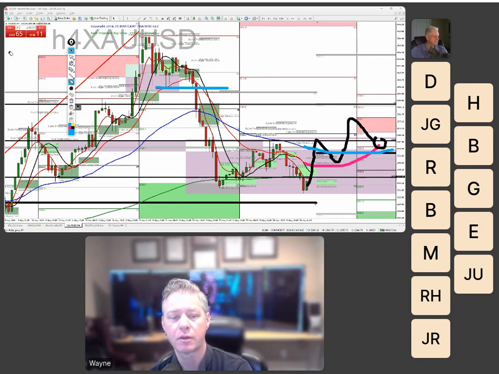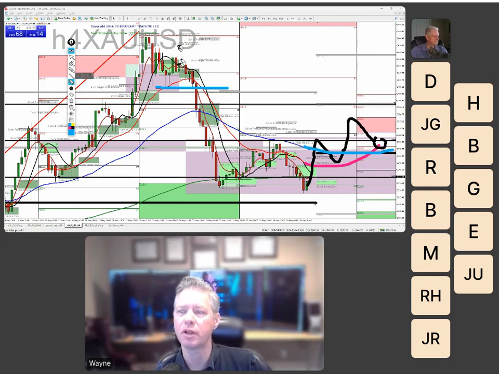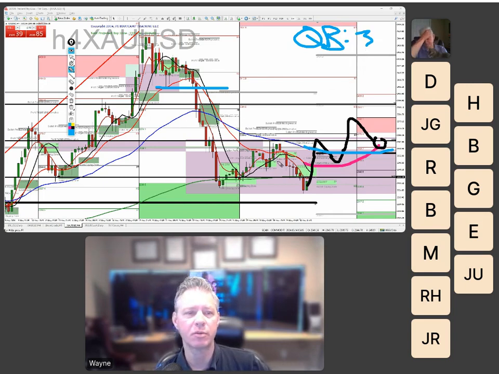Okay, cool. But at this point, the way I use QuantBox, let's just say QB says 6 or 5 or 3 or whatever. That just gives me a permission.